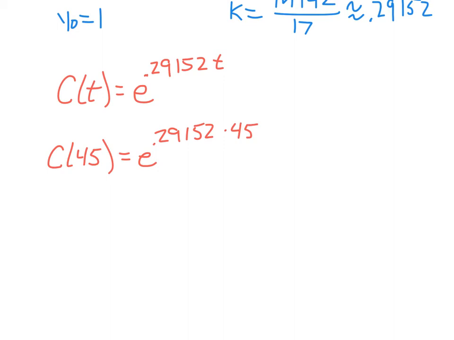So we just plug in 45, and then we find that on the day we're supposed to be going back to school, our model is predicting that there are 498,000 deaths in Ohio.